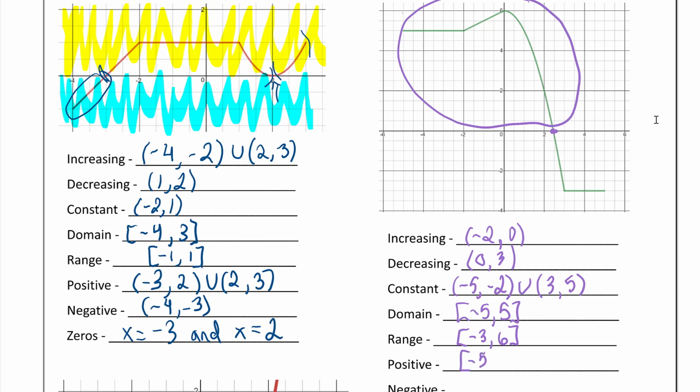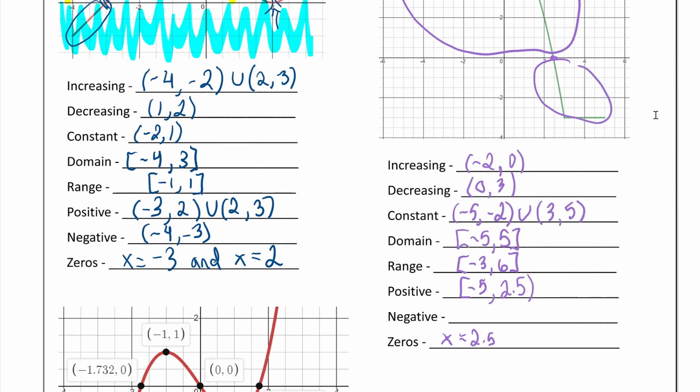So this is positive from -5 until we get to 2.5. But we're going to put a parentheses on 2.5 because it's not positive at 2.5. It is 0 at 2.5. So then this other part, which is our negative part down here, that's going to be from 2.5 to 5. And again, we'll put a bracket around the 5 because it is actually negative at 5.